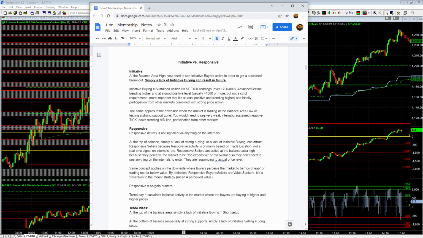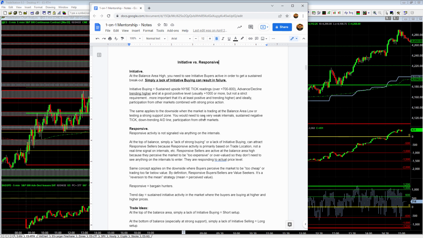Now, what are the trade ideas that we can get from this idea of initiative versus responsive? So when you're at the top of a balance area or above a balance area trying to break out, simply a lack of initiative buying can result in short setups. And when you're at the bottom of a balance area, especially at strong support, or below a balance area trying to break down, simply a lack of initiative selling can trigger long setups, right?